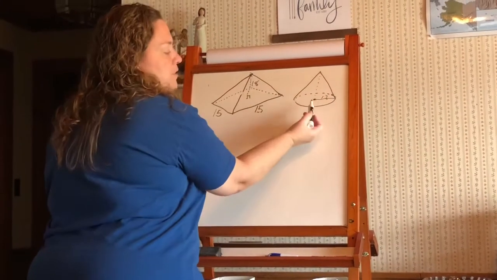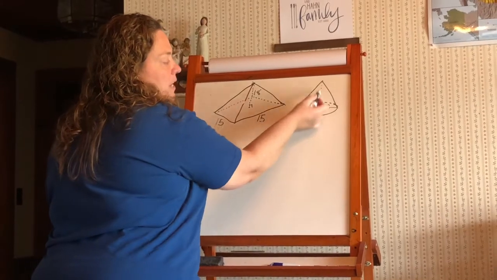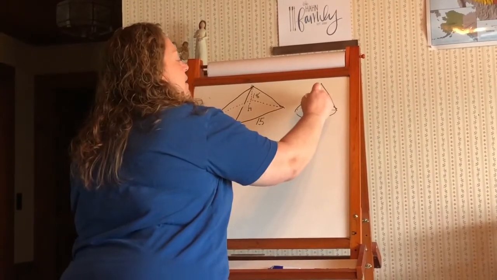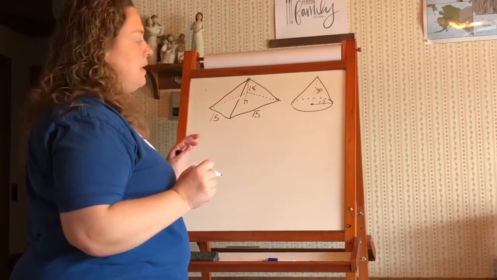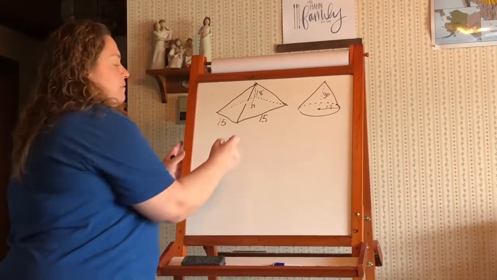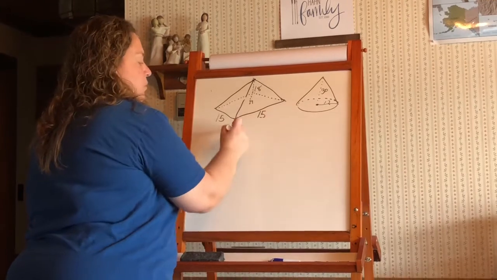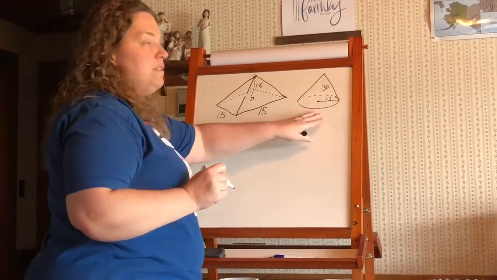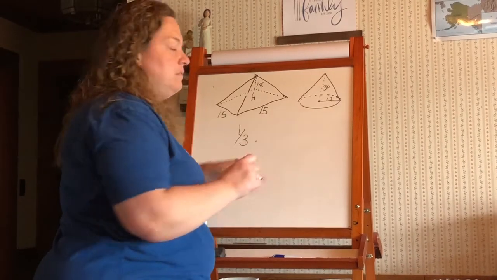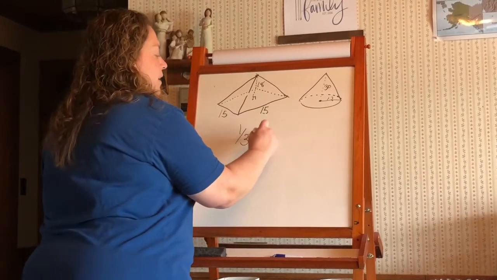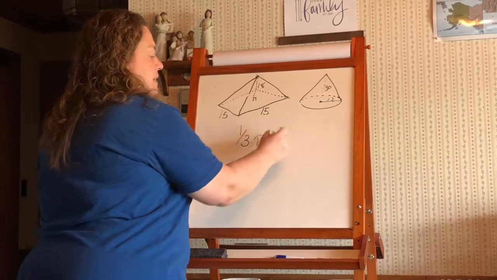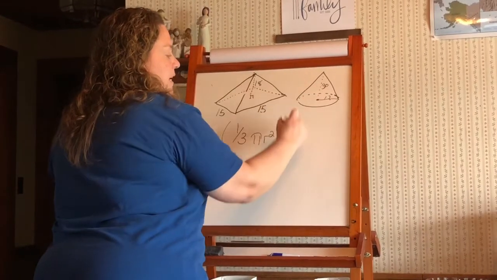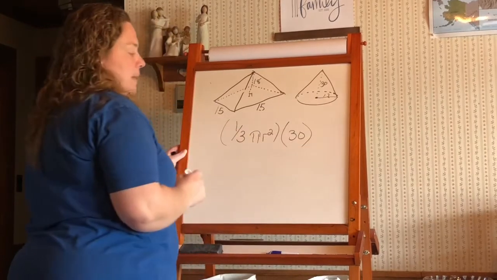Again, the altitude is from the center point of the base up to the vertex, and it tells us that is 30 inches. So we have our formula for volume of a cone, 1/3 area of the base. What's the formula for the area of a circle? Pi r squared times the altitude, which we see here is 30.